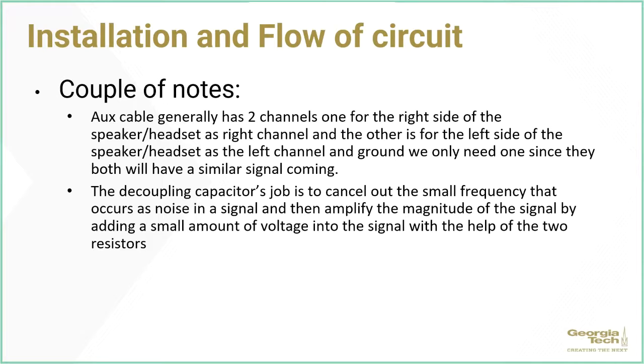They pretty much have a similar signal, so you're not gonna hear a big difference from the piano. The second big thing is the decoupling capacitor. The decoupling capacitor's job is to cancel out small frequencies that occur due to loose wires or some other kind of hazard that happens while you are performing an experiment. This will allow us to have a stable signal which we can use for our computation.